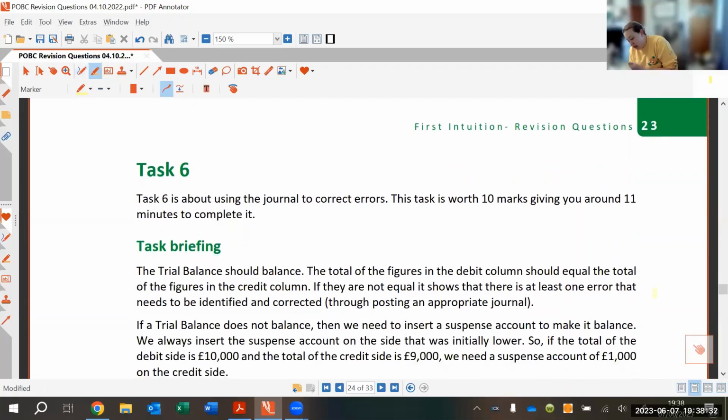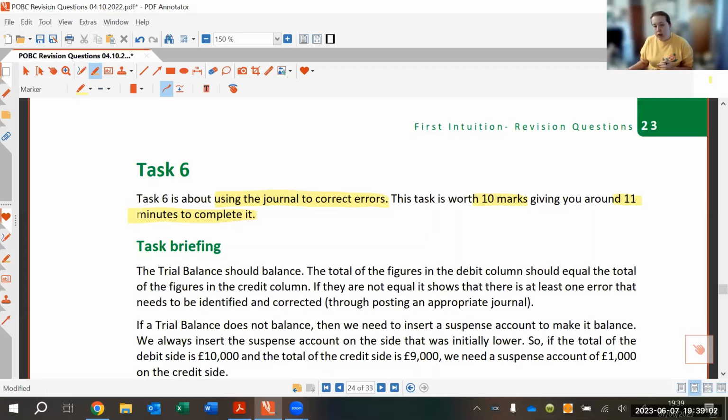So we're still with journals for task 6, but now it's about correcting errors. Another 10 marker, so another 11 minutes to spend on this task. On task 6, you'll remember from your studies that you've got two categories of errors that you may need to look at: one that the trial balance will show and one that it won't.